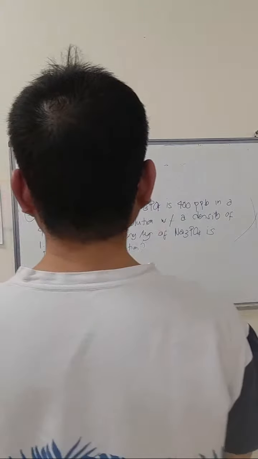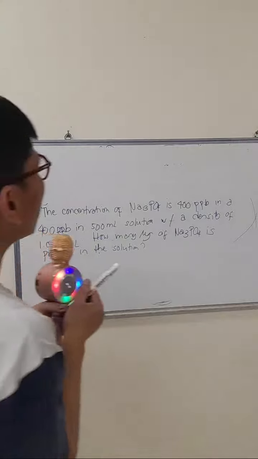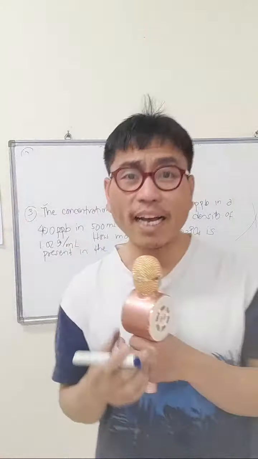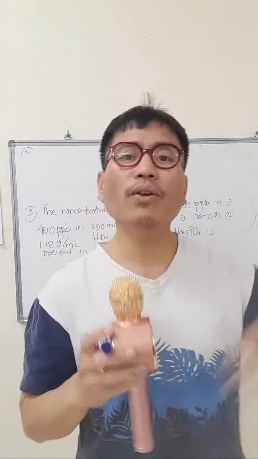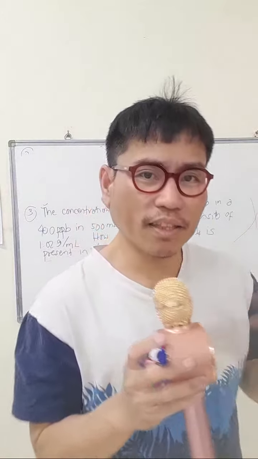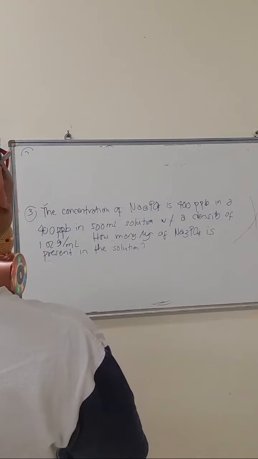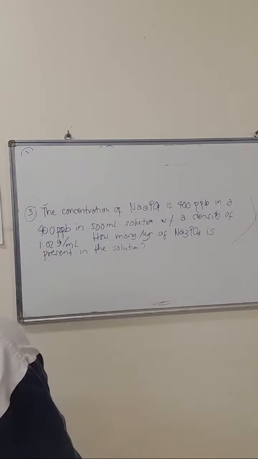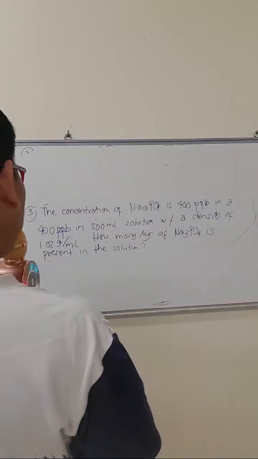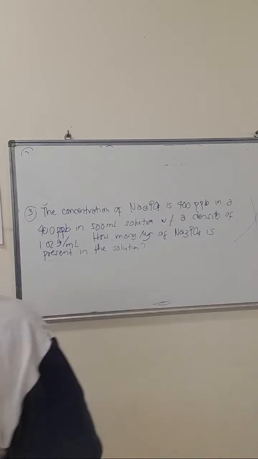Problem number 3. The concentration of sodium phosphate is 400 ppb. Oh, this is parts per billion, not parts per million. We go higher and higher. The concentration of sodium phosphate is 400 ppb in a 500 milliliter solution with a density of 1.02 grams per ml.